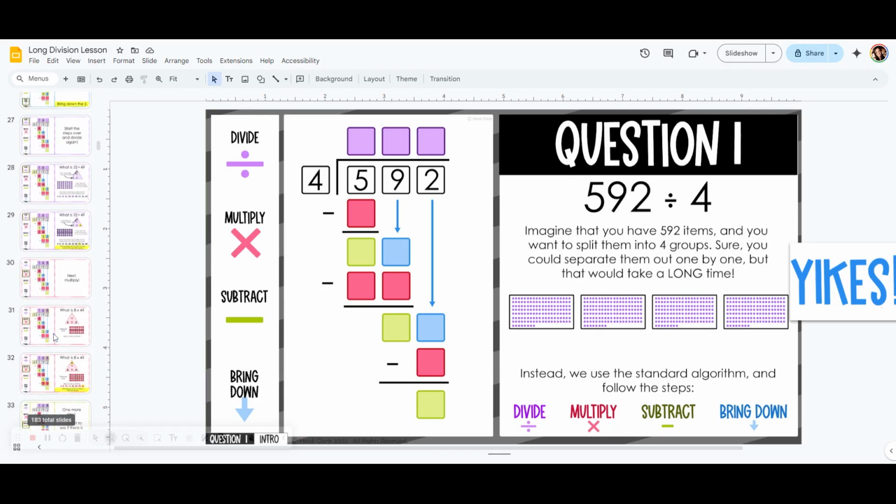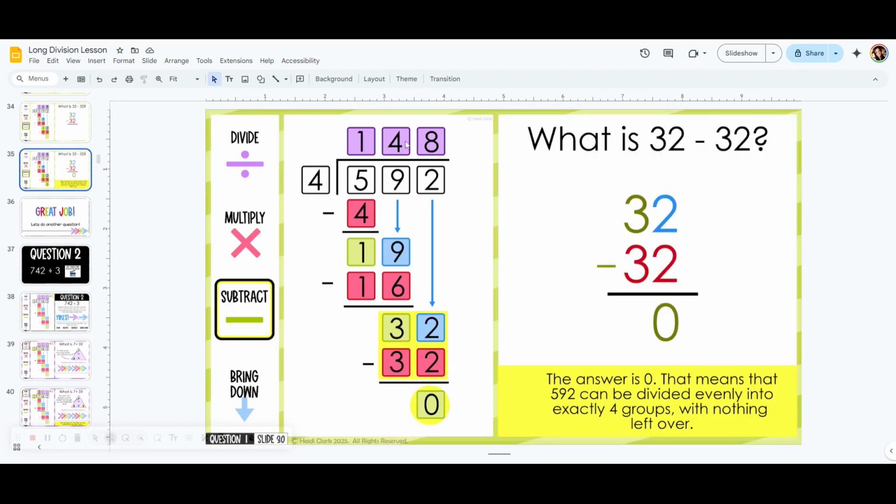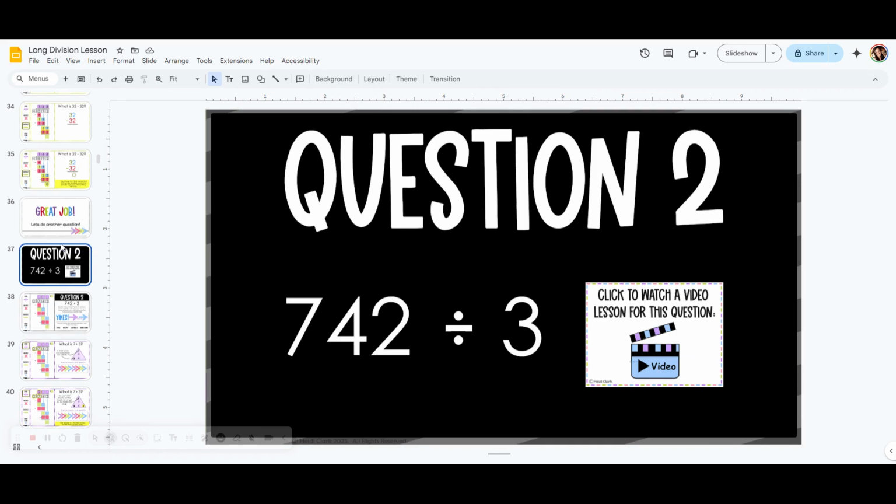It also means at the end, if I were to multiply back 148 times 4, I would get exactly 592. So great job with your long division. If you want to hit the next video, we'll move on to question number 2, and we'll just keep practicing our long division.